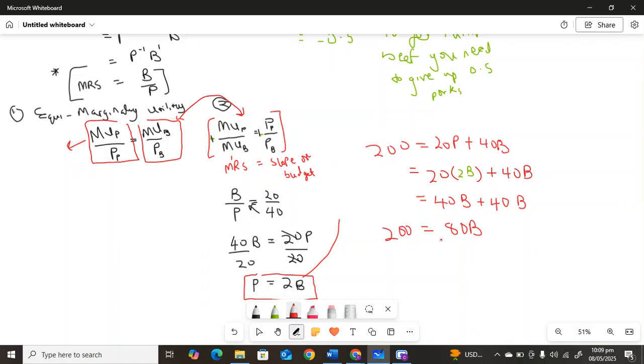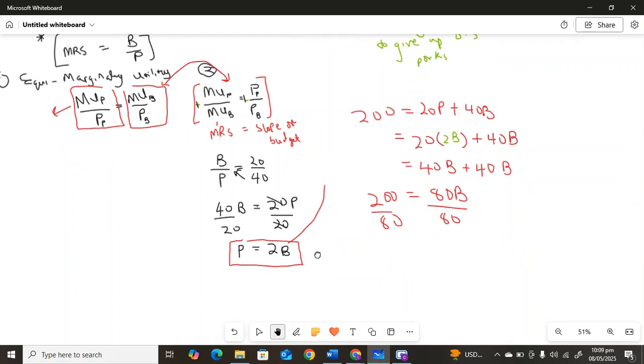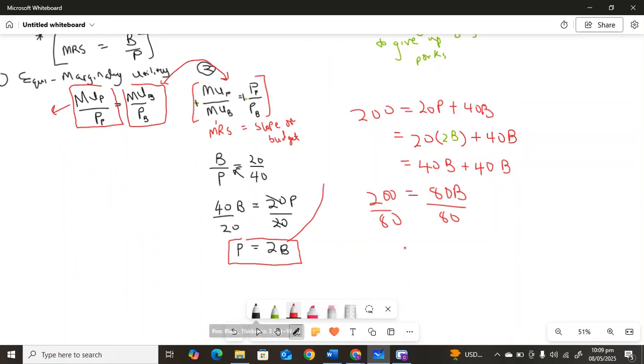Okay. So to get the value of B, we divide 200 by 80. 200 divided by 80, what do we get? 2.5.